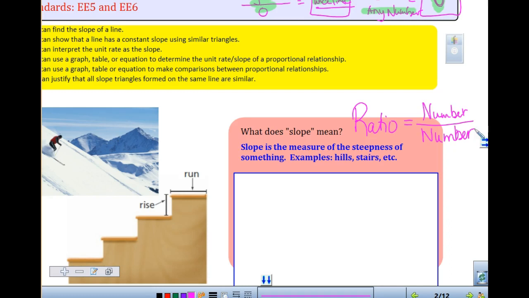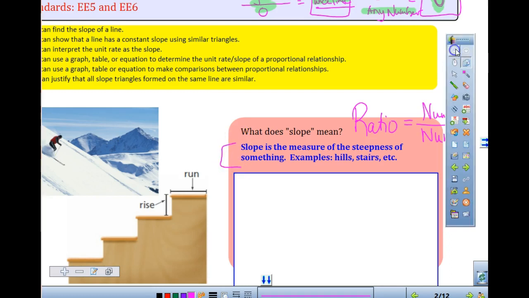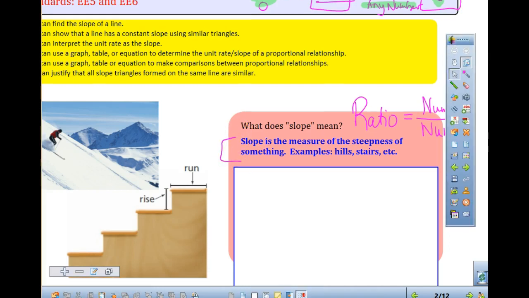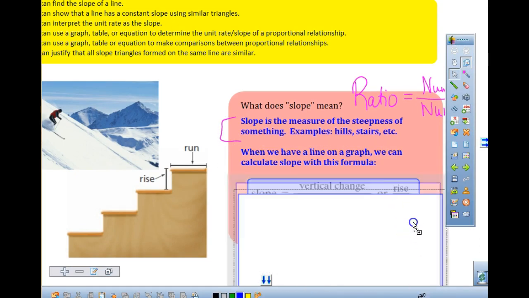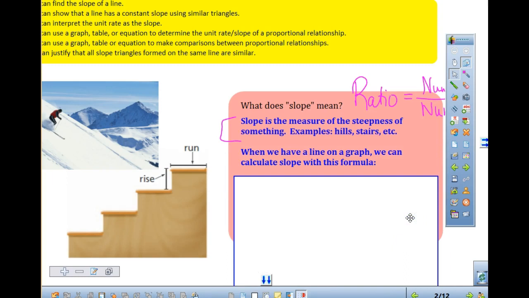The next part that we want to write down in that same part, okay, so we got a few more things that are filling in. Notice this was way towards the top because we're going to have some more things that we need to write in. So the other things that we are putting in is that when we have a line on a graph, we can calculate the slope with a formula. I'm going to give you the formula, so you're writing this down.